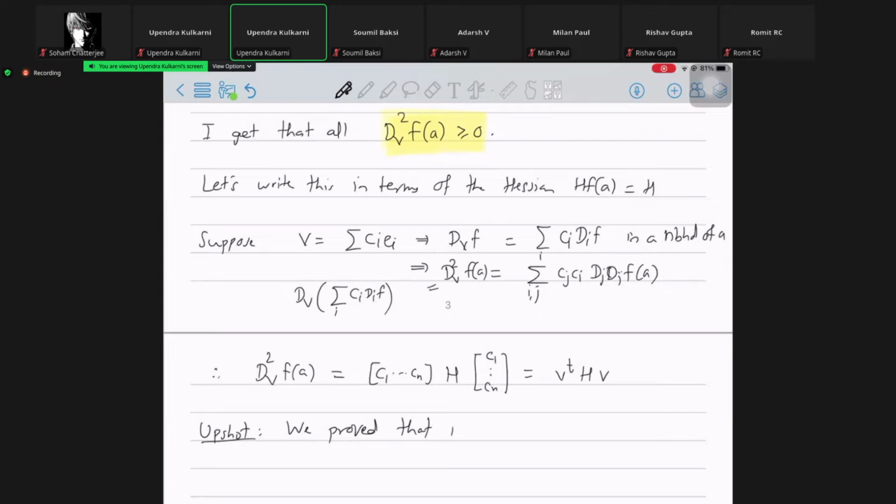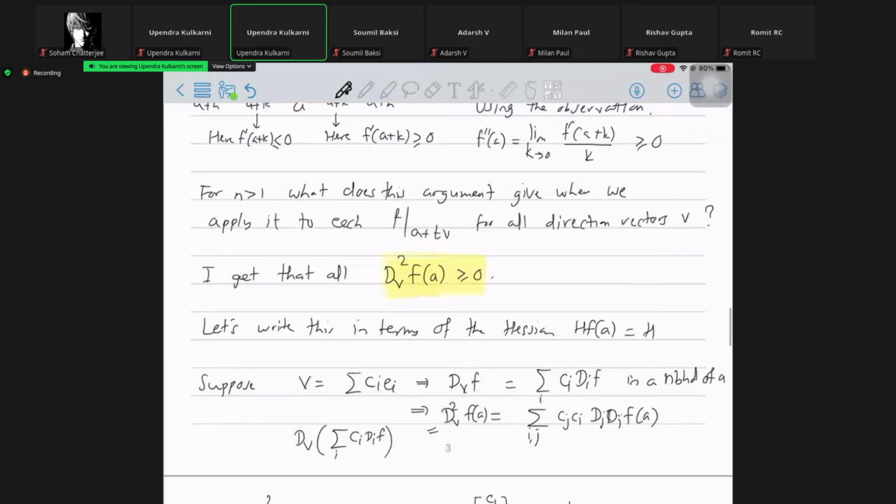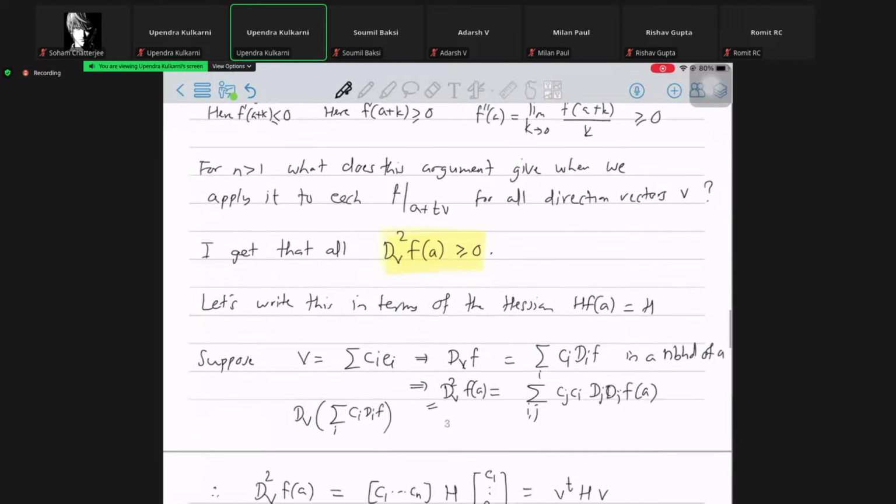We proved that if f is a C2 function at a, then by virtue of the above, what I found out was that this V transpose H V is greater than or equal to 0.